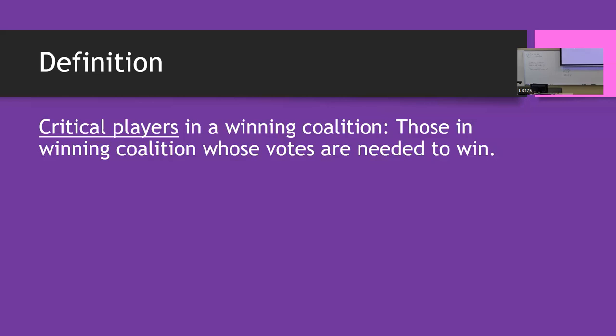Another way of saying that is that if they dropped out, the coalition would no longer win. Everybody get that? A critical player is an individual who, if they drop out of a winning coalition, that winning coalition now does not win.